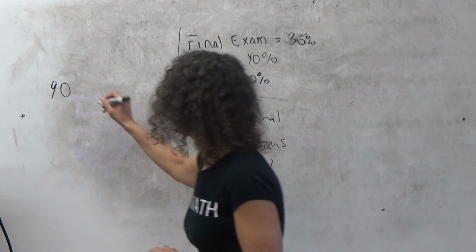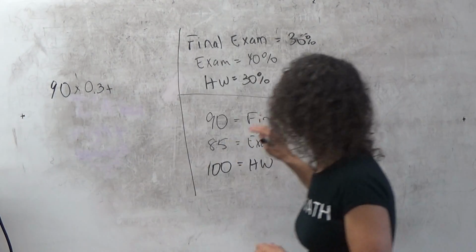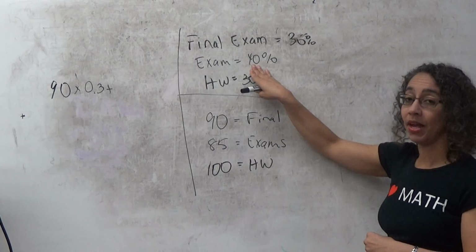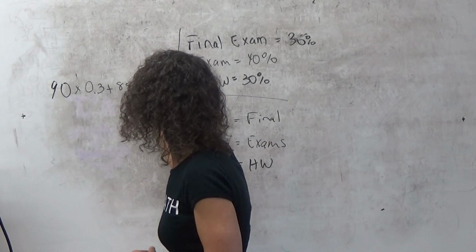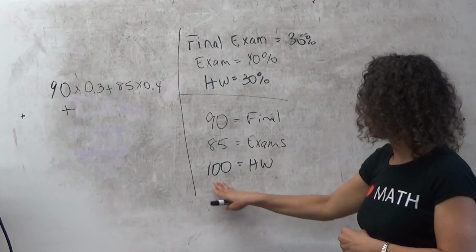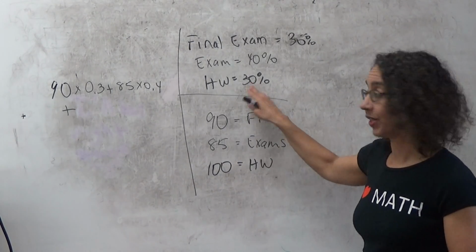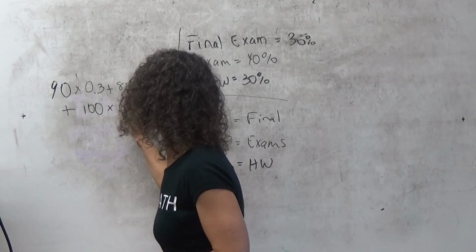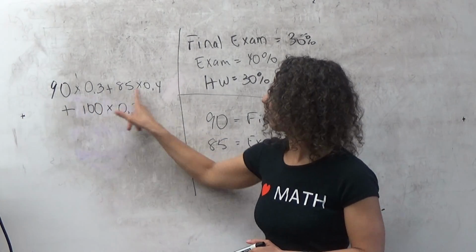I'm going to take 90 times 0.3, plus my exam score of 85 multiplied by 0.4, plus my homework score of 100 multiplied by 0.3. And now I just need to add up these three terms.